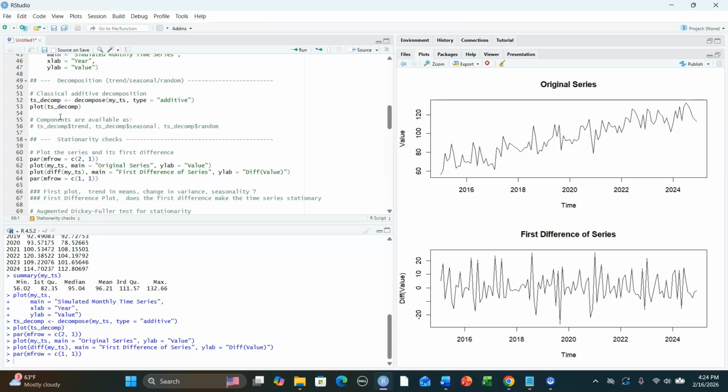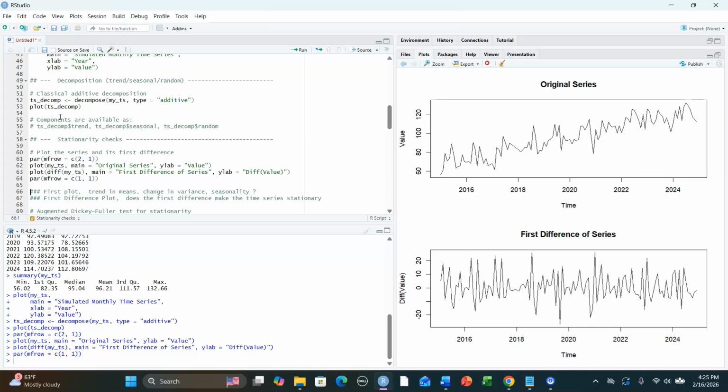So what you look for is whether there's a trend in the mean, it looks like a little bit going up, or a change in the variance, the variability, whether it increases or decreases over time, that's the vertical range of the values. Okay. And also seasonality, if you can see something repeating over time.